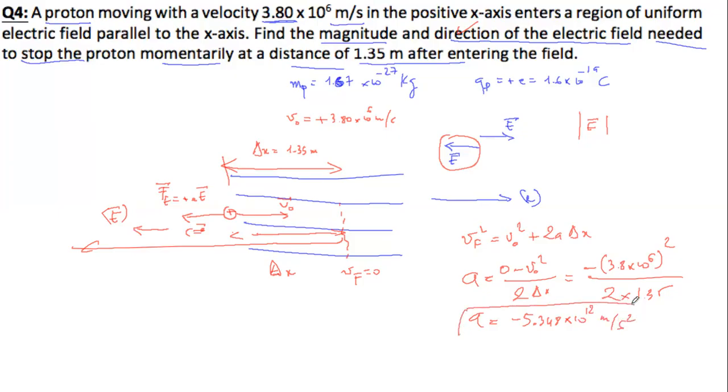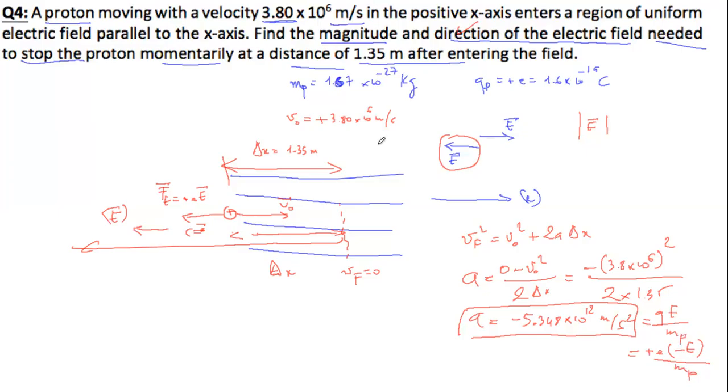This is the acceleration, but I don't want the acceleration, I want the electric field. What's the relationship between the acceleration and the electric field? If you remember, a equals qE divided by m. Here, q is plus e, and E is in the negative direction, which is why you have a negative: minus e E divided by the mass of the proton.